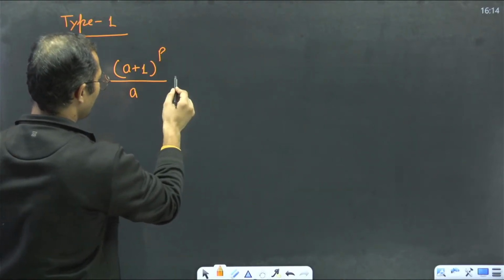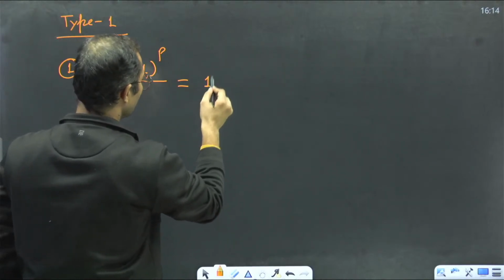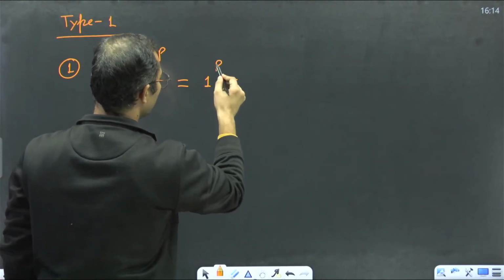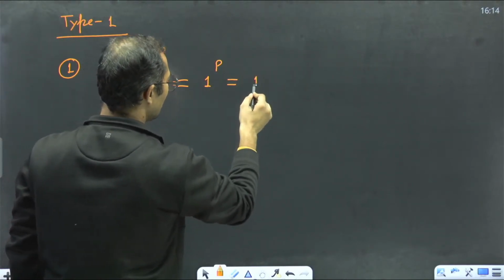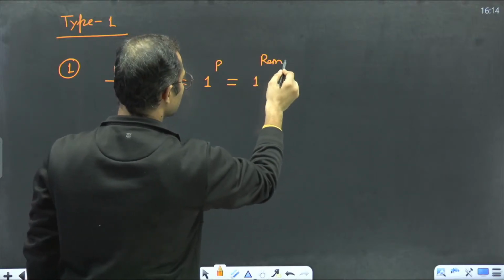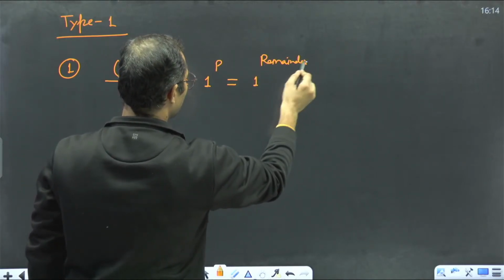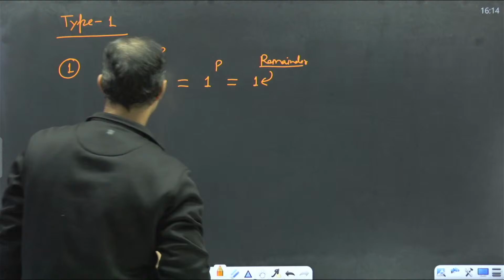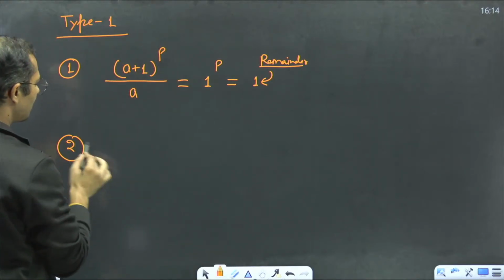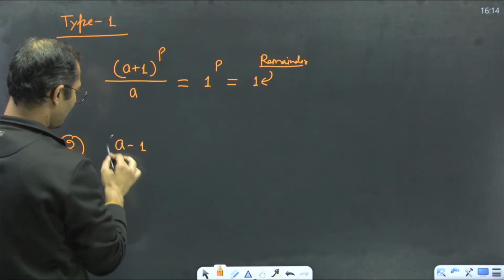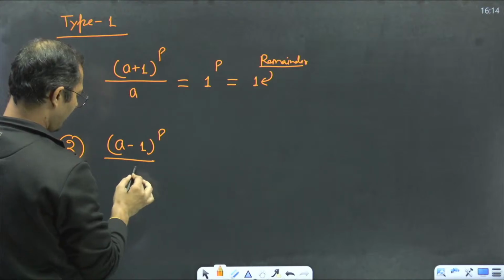The remainder is given by 1 to the power p. Whatever the power, 1 to any power is always 1, so the remainder is 1.